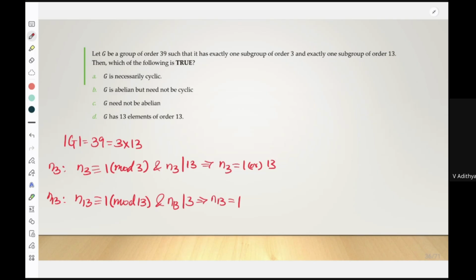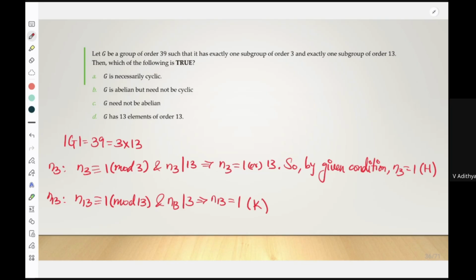So N13 is 1 is fine, but here N3 is 1 or 13, but we are given that it has exactly one subgroup of order 3. So by given condition, N3 is 1. And let's call this unique subgroup H and this unique subgroup K.